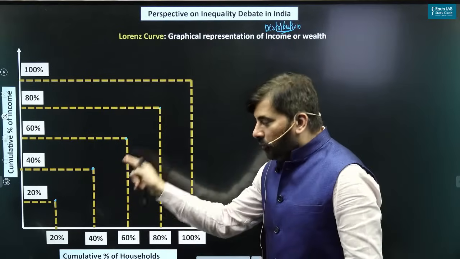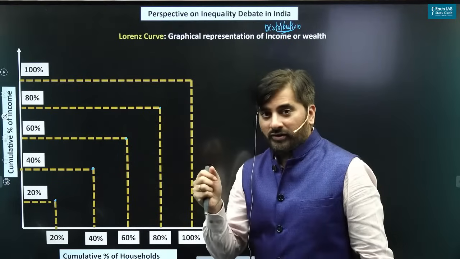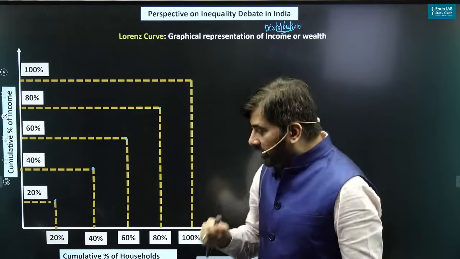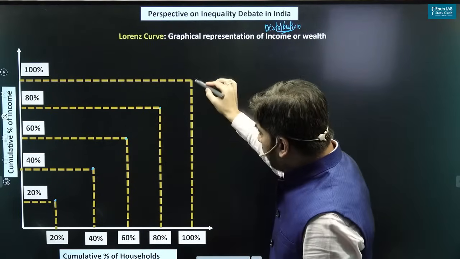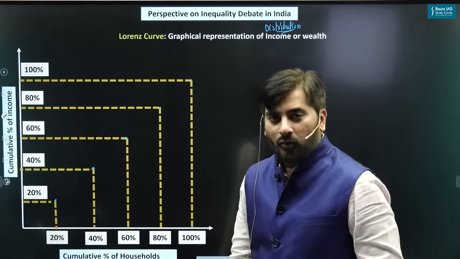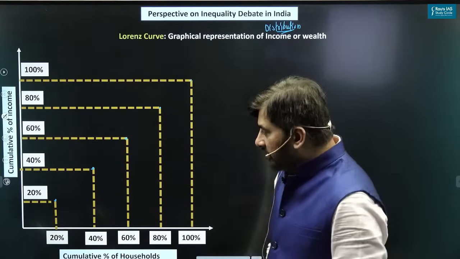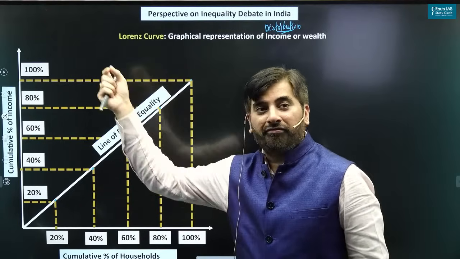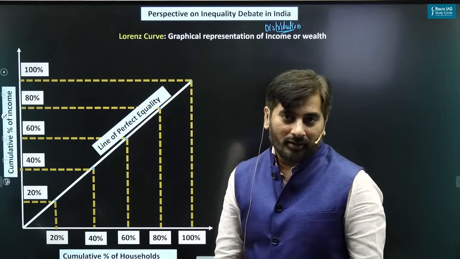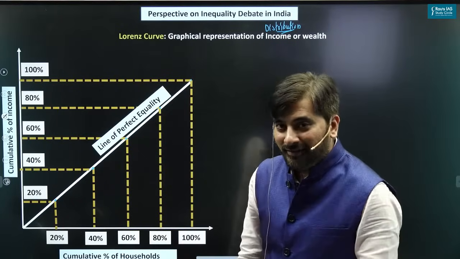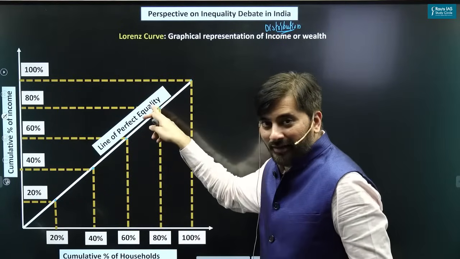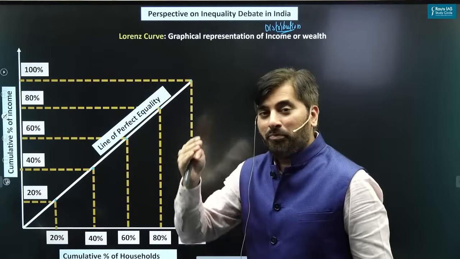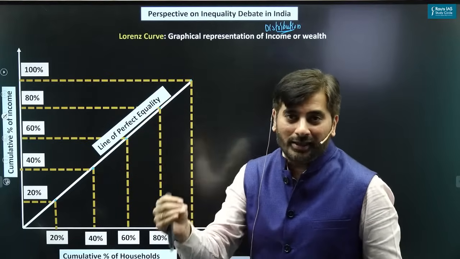Now, this is what an ideal situation looks like. Think of it. If I join all of these dots, what will I get by joining these dots? I will get what is called the line of perfect equality. It's like saying in any country, if you come across this particular line, it means that country is perfectly equal.